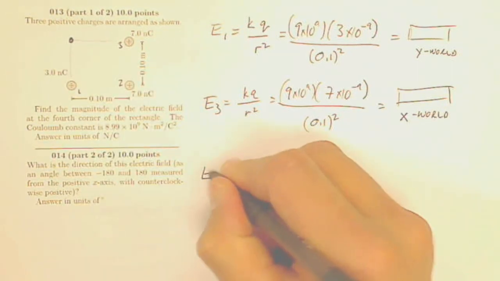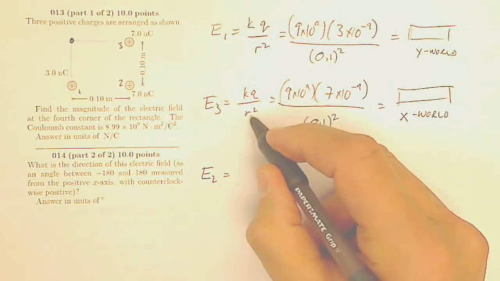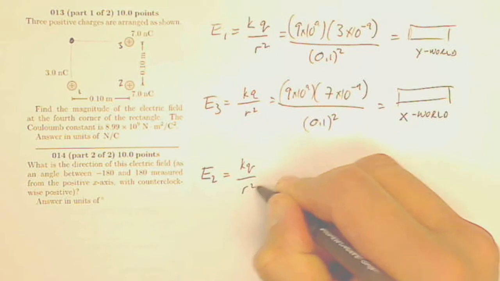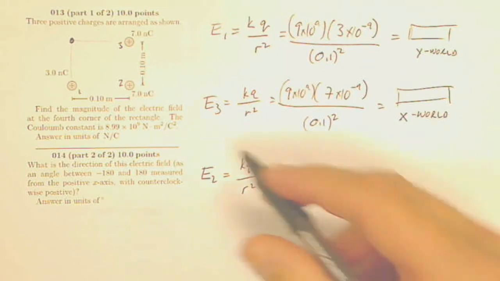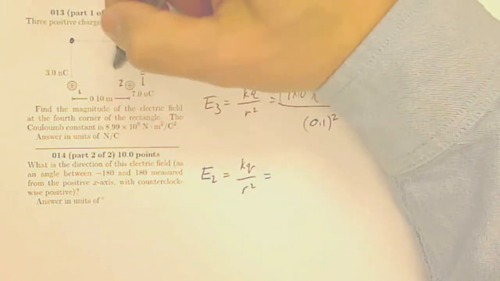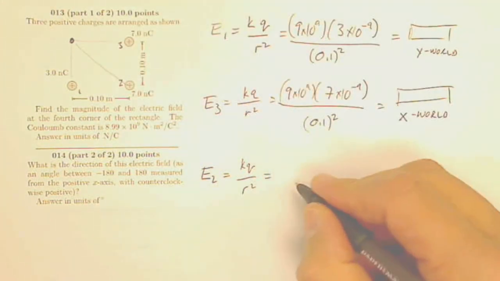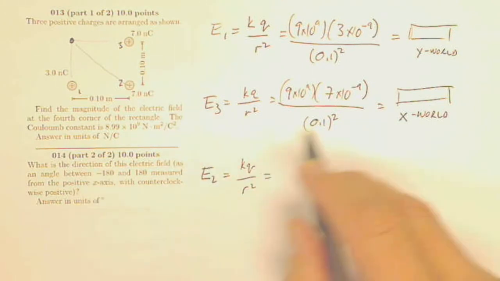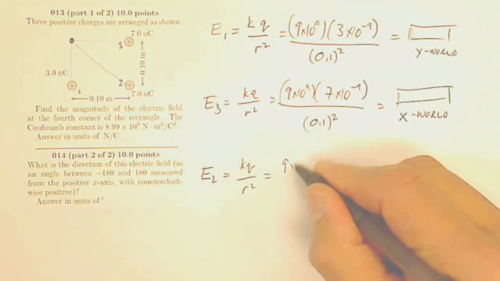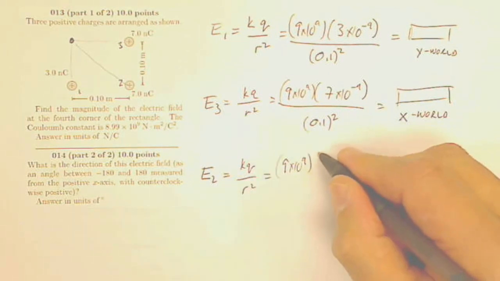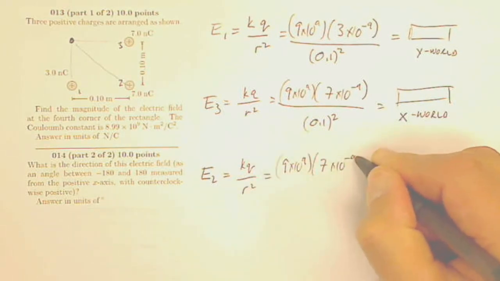Now E2 is a little complicated because you have to figure out what R is. It's going to be KQ over R squared again. Since this is a 0.1 by 0.1 square, I want to find this diagonal side. So R is going to be 0.1 radical 2. So I've got 9 times 10 to the 9th for my K. My Q is going to be 7 times 10 to the minus 9th.